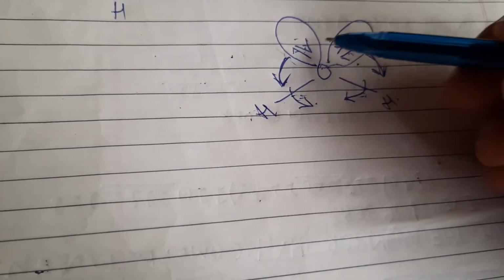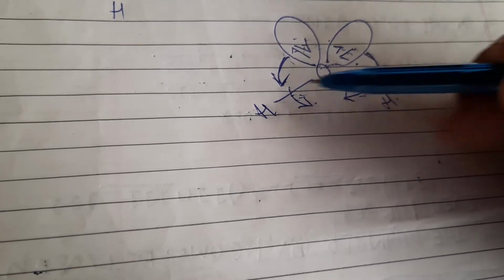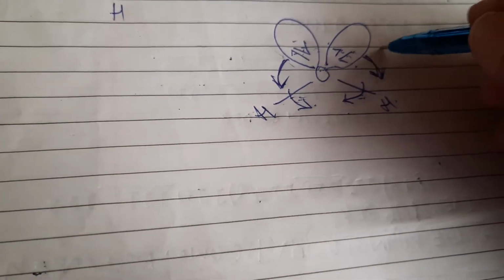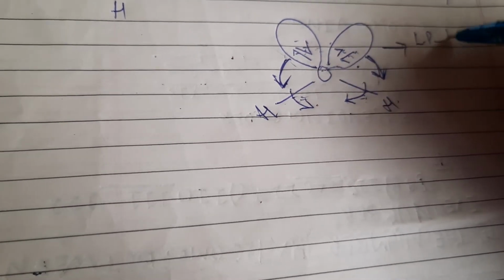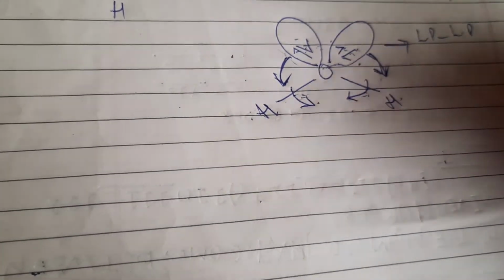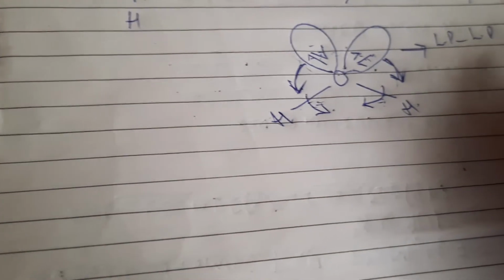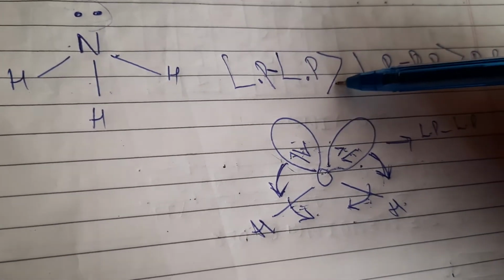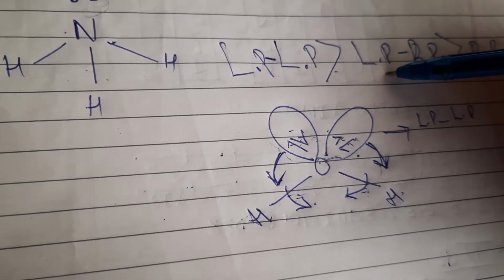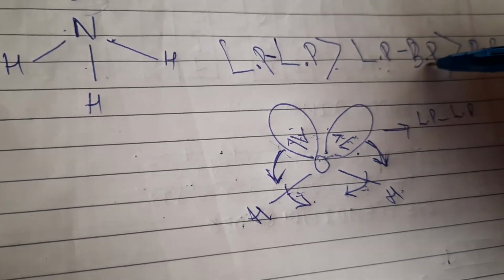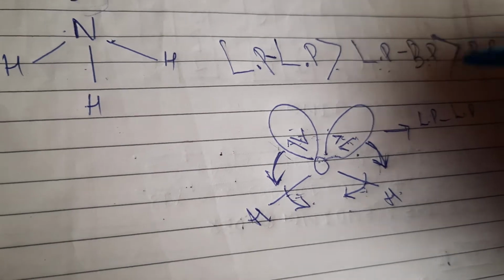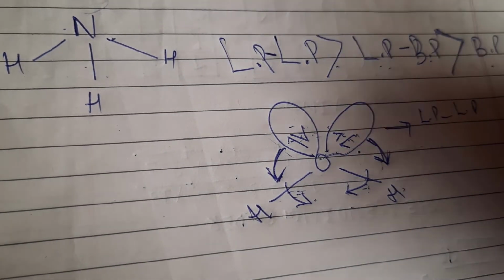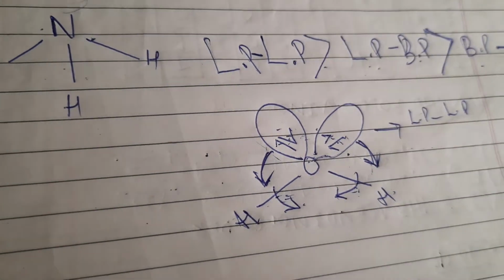That is called lone pair repulsion. Remember, lone pair repulsion is always highest, then lone pair-bond pair, and finally bond pair shows very less repulsion. This is the most important point you have to remember.